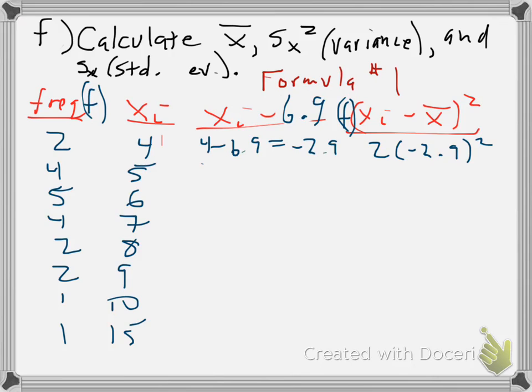Next value, 5 minus 6.9 is negative 1.9.